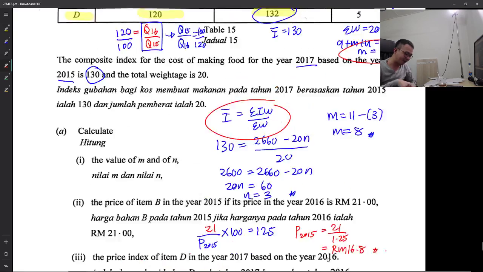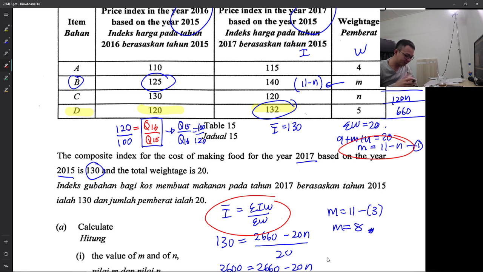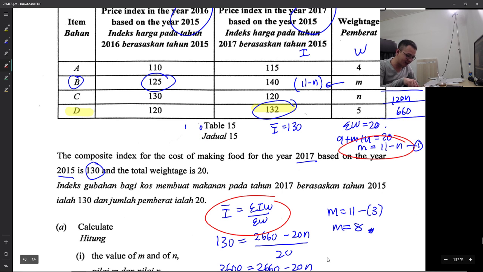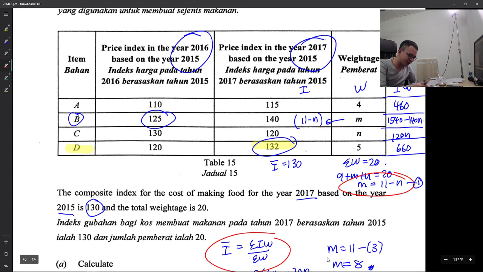D is over here. The first thing is, I teach you some things so maybe you can do it slightly faster. You see the year 16 and 15, so you straight away write Q16 over Q15 equals 120 over 100.